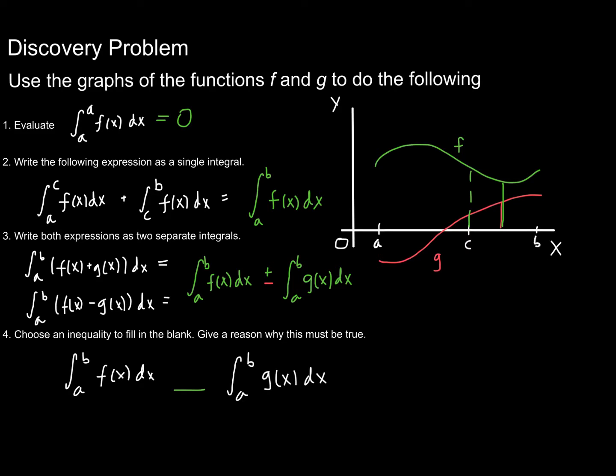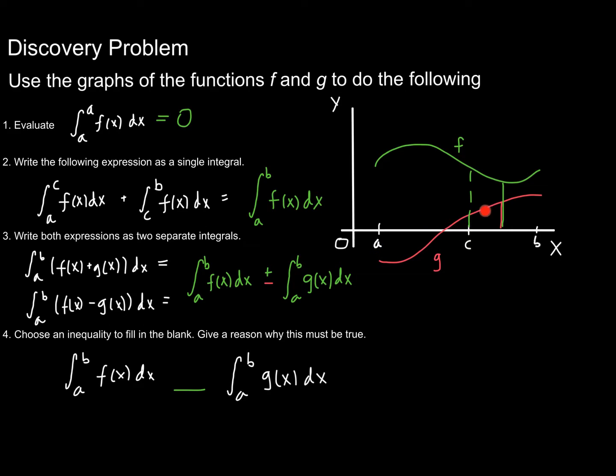Number 4 is pretty straightforward. If you consider the function f and you are looking at the area underneath the function f between the function and the x-axis, all of this area is going to be above the x-axis. So the definite integral here is going to be a positive number. When you look at g of x, you notice that some of it is below, so that's going to be counted as a negative area.